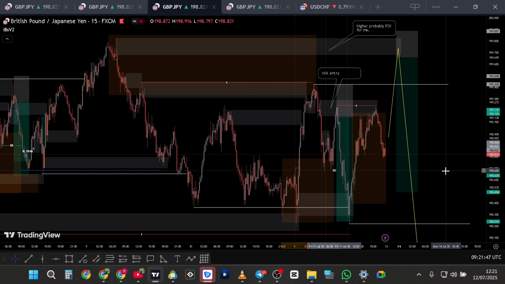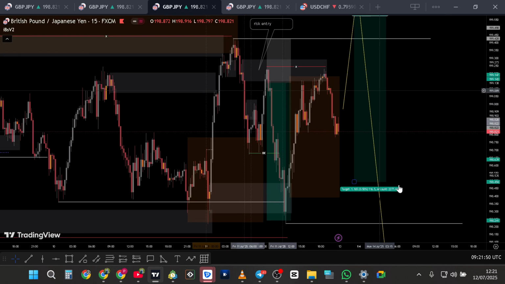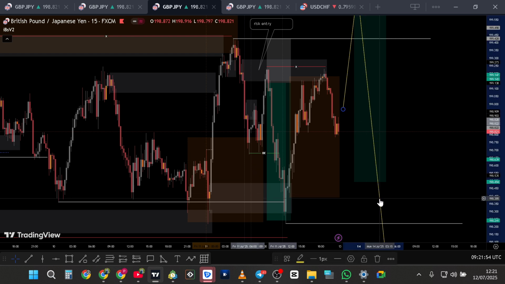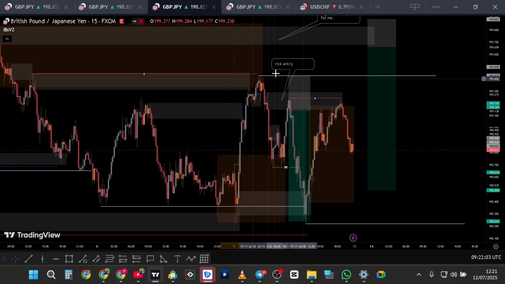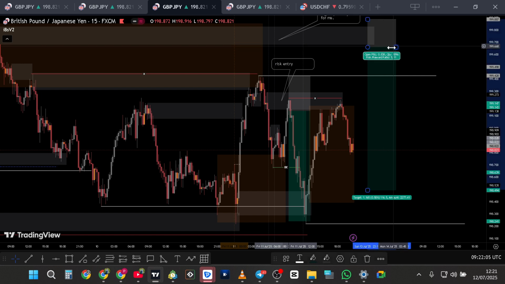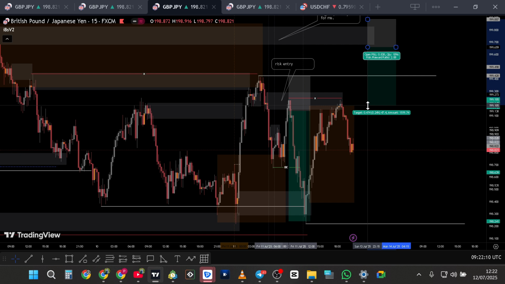So right now I'll be expecting price to at least react, or rather behave, or rather be obedient to this structure before continuing to the upside. Now if it does break this high, I'll pull this order off, or maybe take some few advantages to maybe around 3R to here, 3.1.